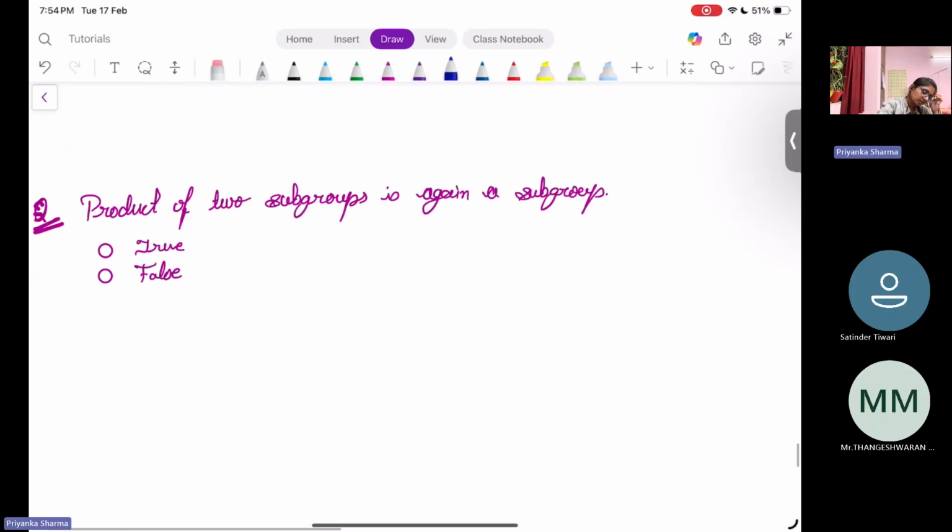Now, this question: the product of two subgroups is again a subgroup. Is it true or false?